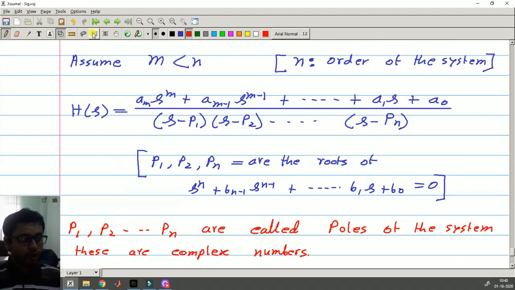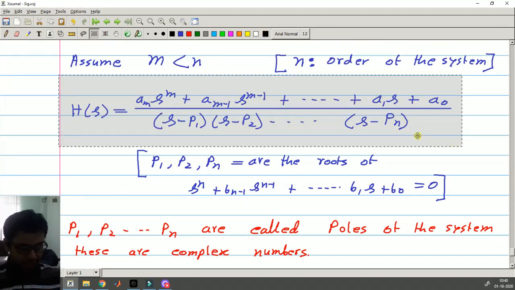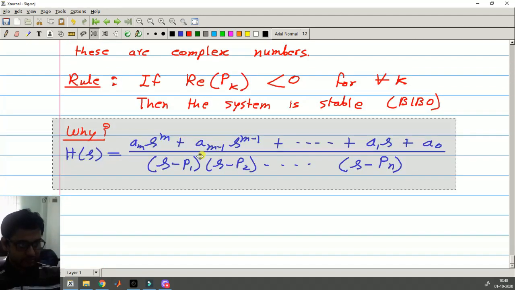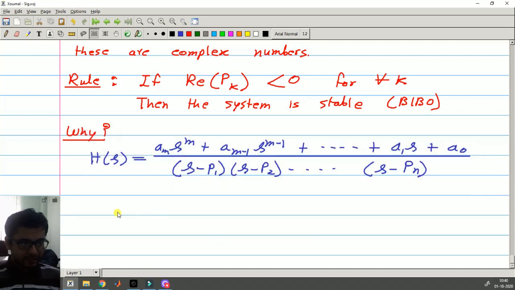For that, let me start from this equation. I can write here small h(t), the impulse response, is equal to the Laplace inverse of this thing.